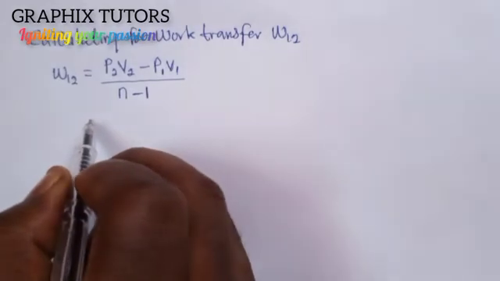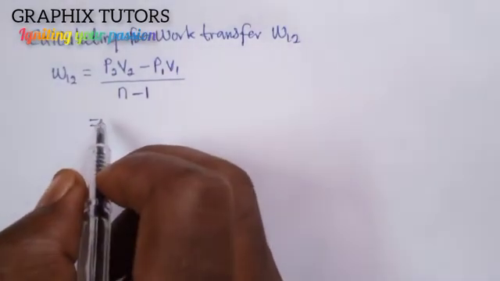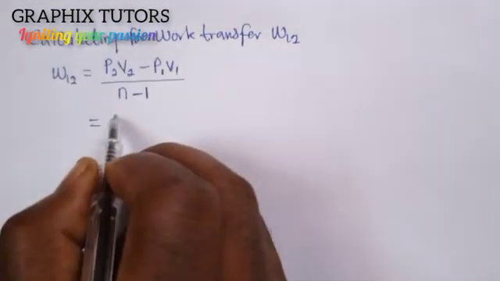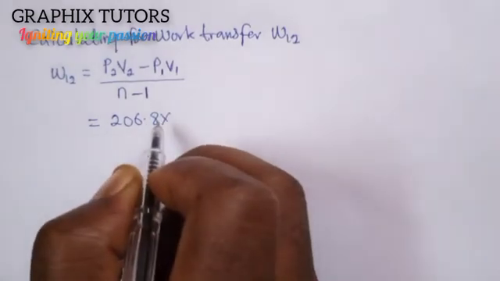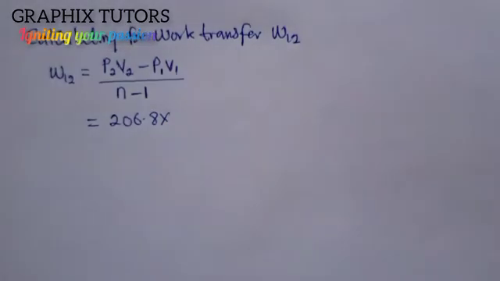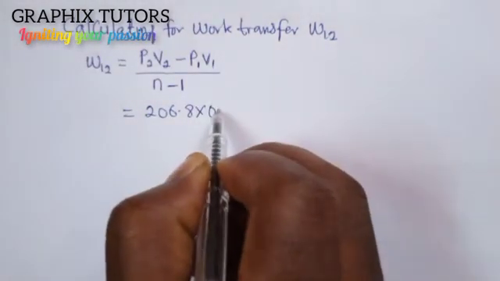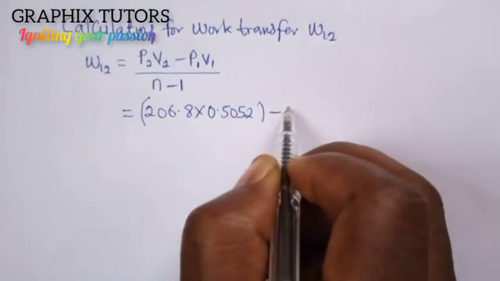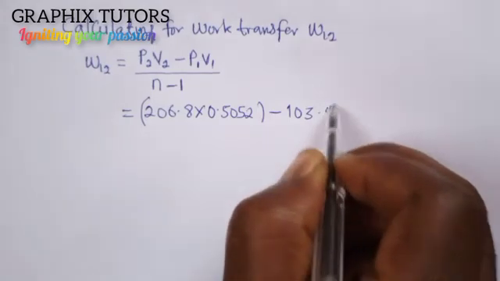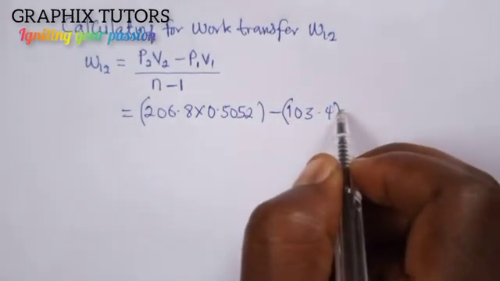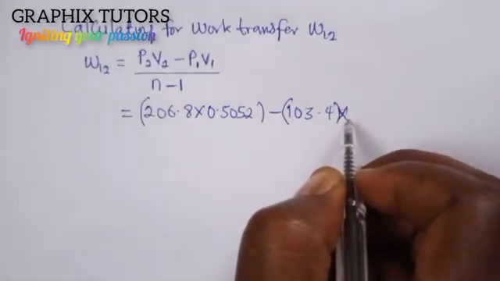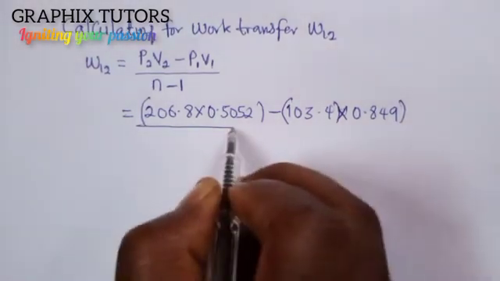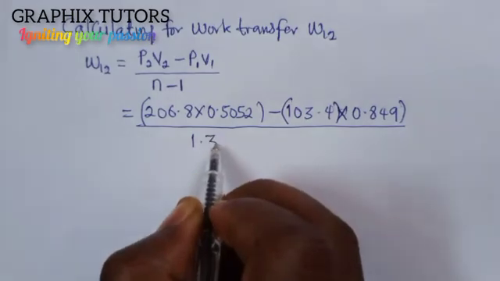Now from here, we put in our values. The P2 from our parameters is given as 206.8 times the V2 that we calculated, 0.5052, minus the P1, which is 103.4, multiplied by the V1, which is given as 0.849, all divided by the polytropic index, which is 1.3 minus 1.